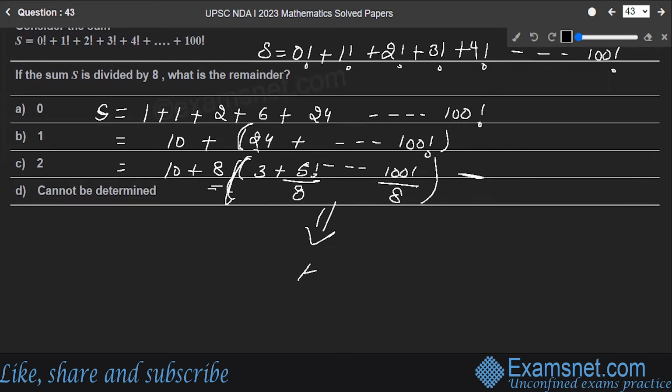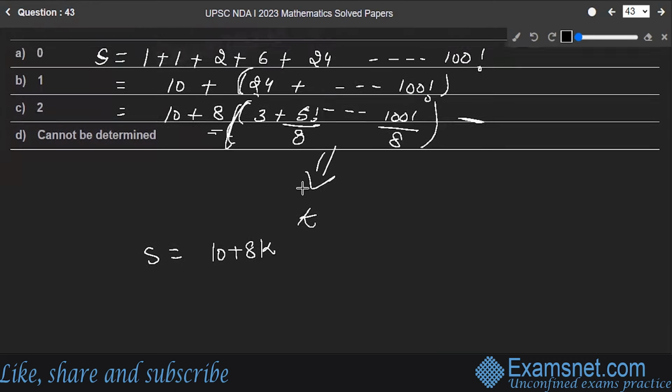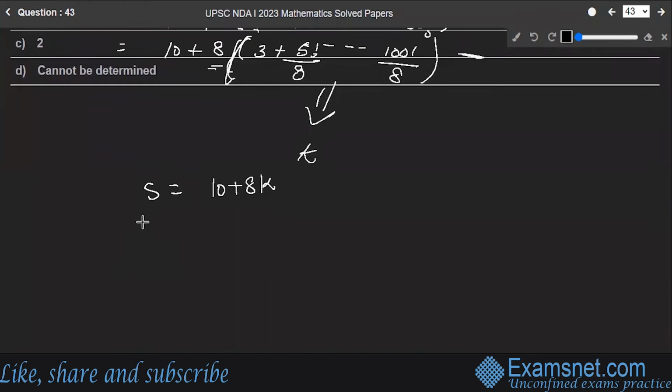So you can write it as some k, right? So S will be equal to 10 plus some 8k. Now the question is, if the sum is divided by 8, what will be the remainder? If I divide this sum by 8, you will have 10 by 8 plus 8k by 8, which will give you 1 as quotient and the remainder in this case will be 2. This will give me a remainder of 2.